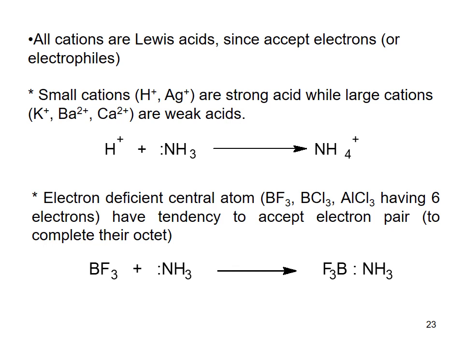For example, BF3 and AlCl3, because in both BF3 and AlCl3 the central atom has a tendency to accept electron pairs towards itself to attain an octet configuration. In BF3, boron has electronic configuration 2s2 2p1. It shows a tendency to accept electrons from NH3, and NH3 is a base and BF3 becomes an acid.